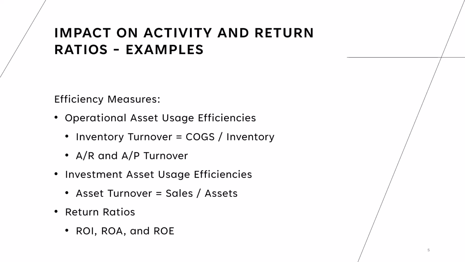If you use debt to make the purchase of the new machine instead of cash, then your assets go up even more than when you're using cash. So your ROA will go down even further than it would when you use cash to make the purchase of new equipment.